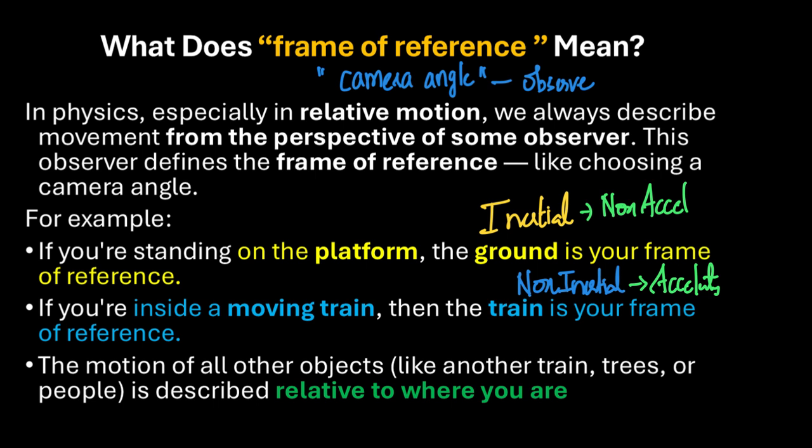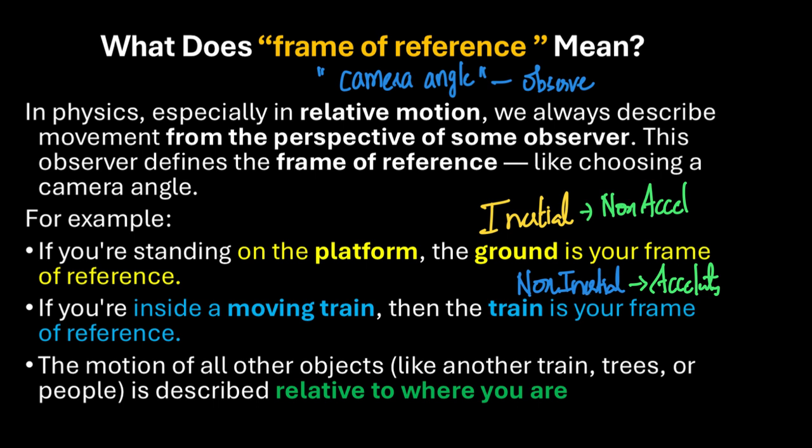Well, I have to be more precise here. While you are inside a moving train, you could be both inertial and non-inertial. If this moving train is at constant velocity, that becomes inertial. If the moving train is accelerating, then it becomes non-inertial.